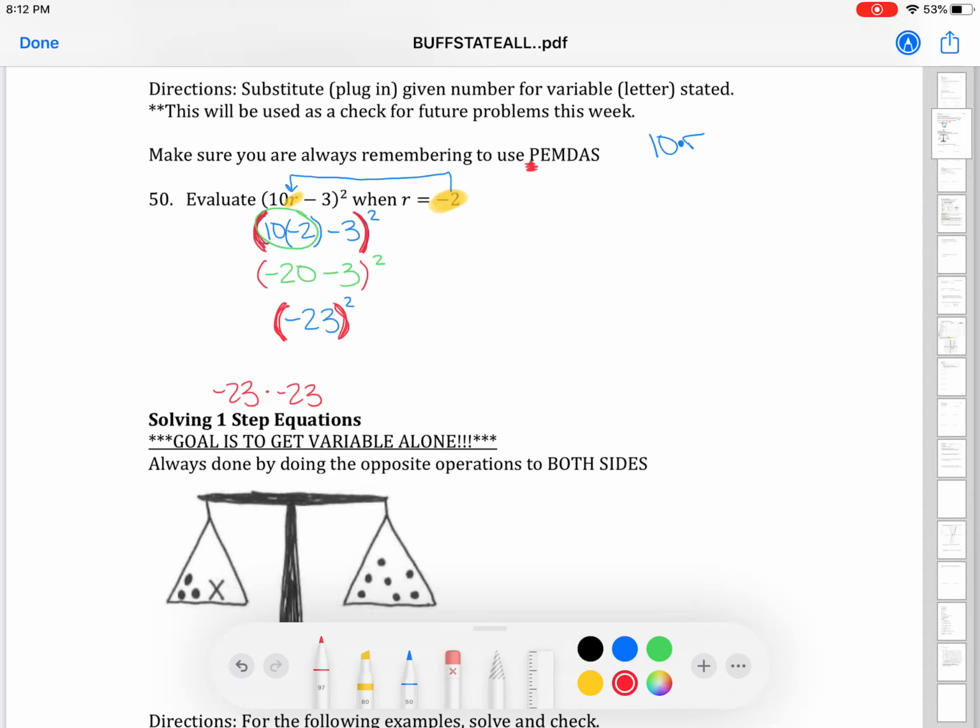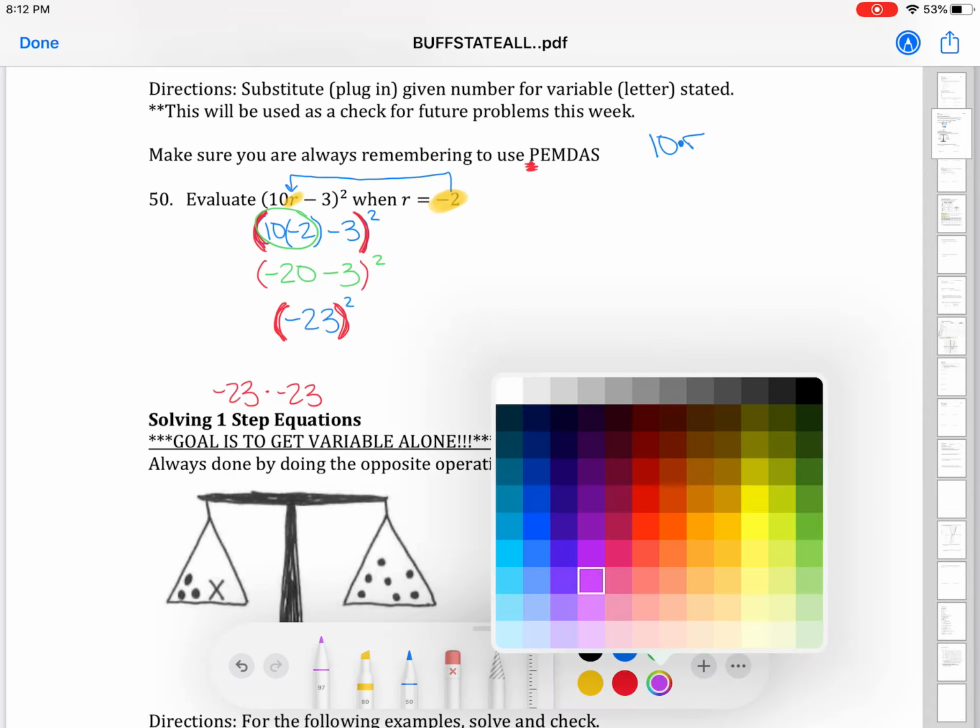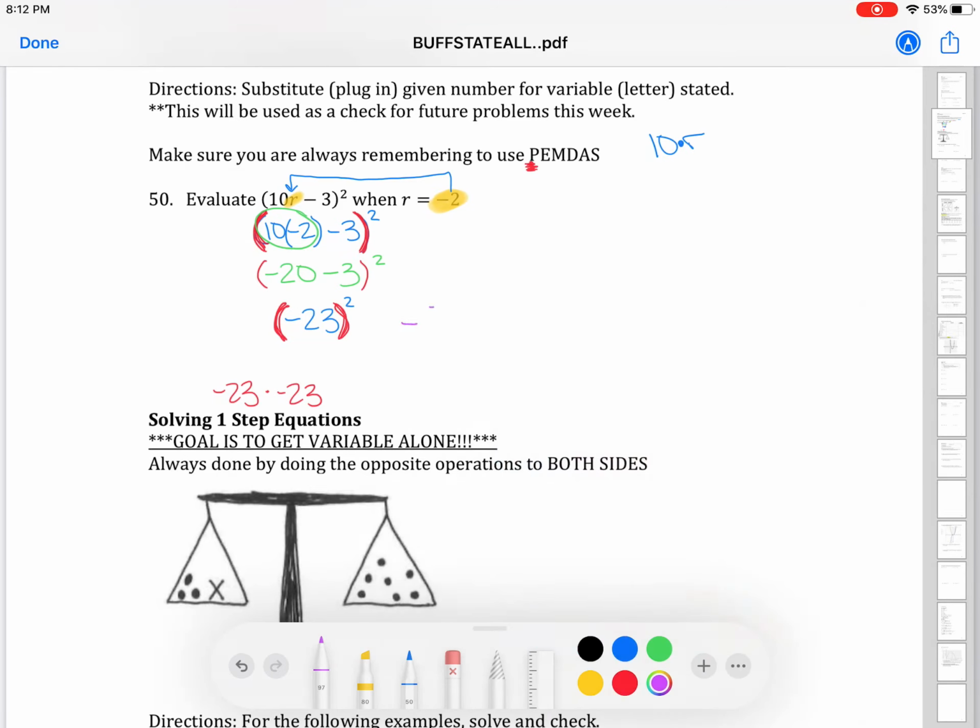You need to keep these parentheses, or you can plug in -23 times -23 into your calculator. Either of those two options will give you the correct answer, which in this case is a positive 529. Okay, you will always get a positive answer when you square a negative.